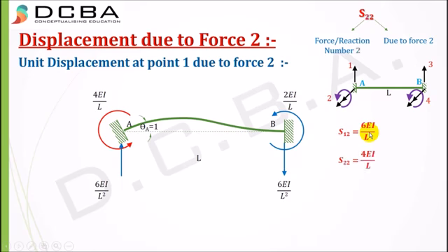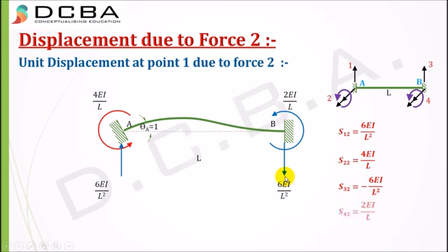S22 is force or reaction number 2 due to force 2. The force or reaction number 2 has to be a moment, and it is again in the anti-clockwise direction, and it is 4 EI by L. S32 is minus 6 EI by L square, because force or reaction number 3 has to be an upward force, and here as you can see the reaction is 6 EI by L square but in the downwards direction, therefore it is negative 6 EI by L square.